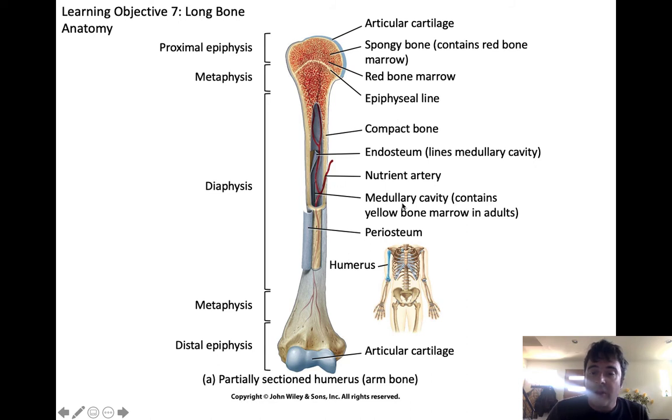Now within the medullary cavity itself, you have what's called yellow bone marrow. Yellow bone marrow is adipose tissue. It's fat, right? So it's nice to have adipose tissue or these energy reserves, not only to provide a little bit of structural integrity to the bone, but also to provide an energy reserve for these metabolically expensive processes that are happening very close.